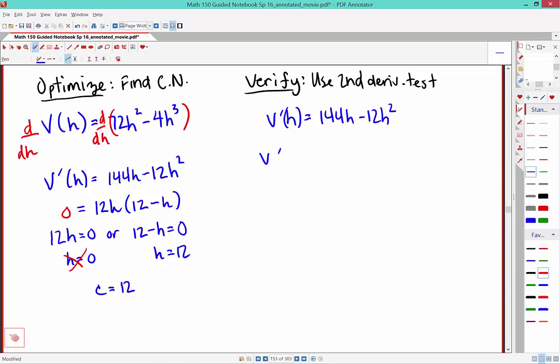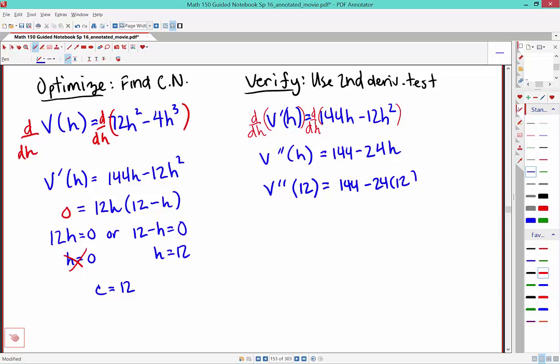V double prime at h, so we're differentiating both sides with respect to h again, we'll get V double prime at h is 144 minus 24h, and evaluating that at 12, we would get 144 minus 24 times 12, which is definitely less than 0.